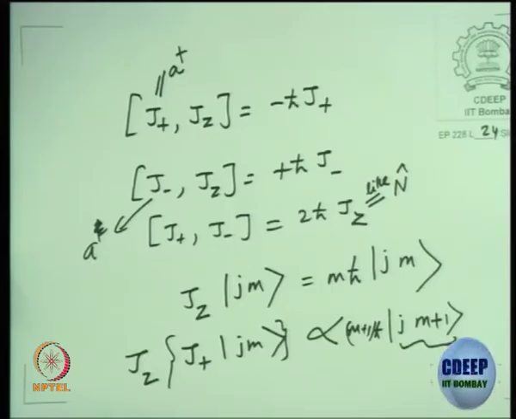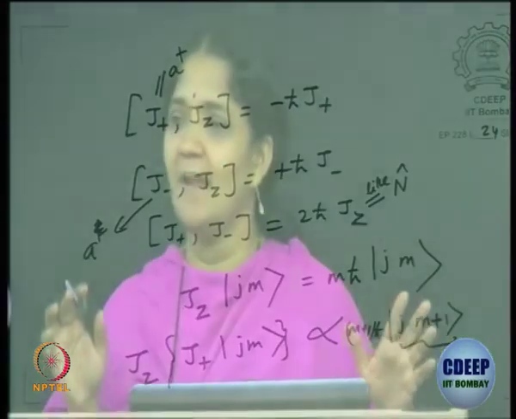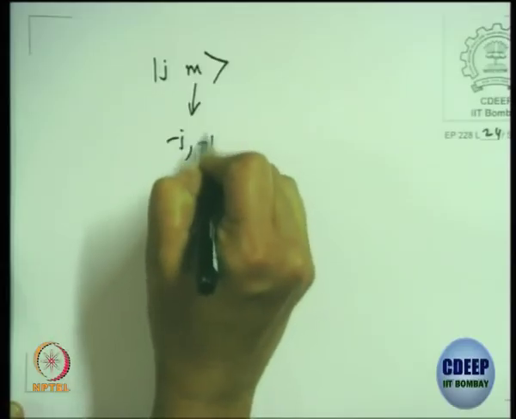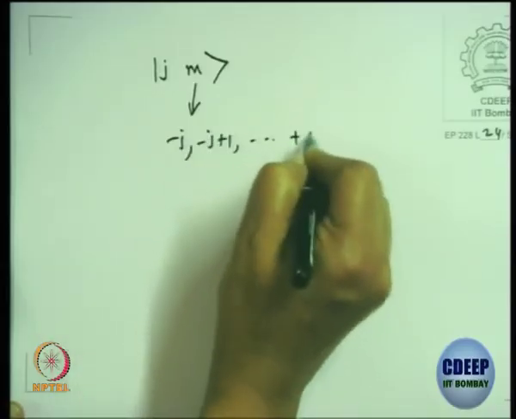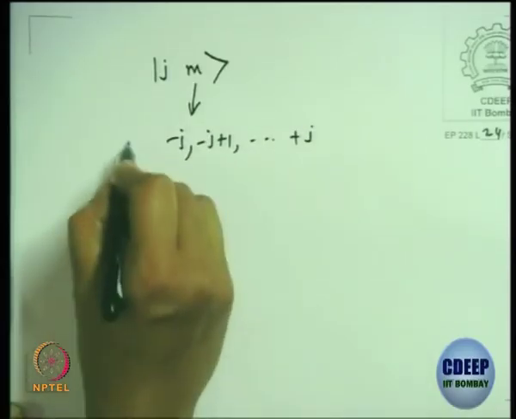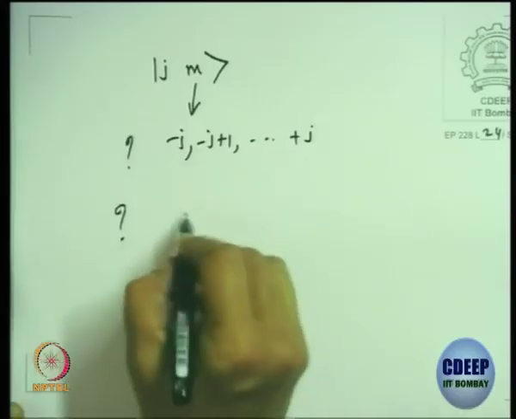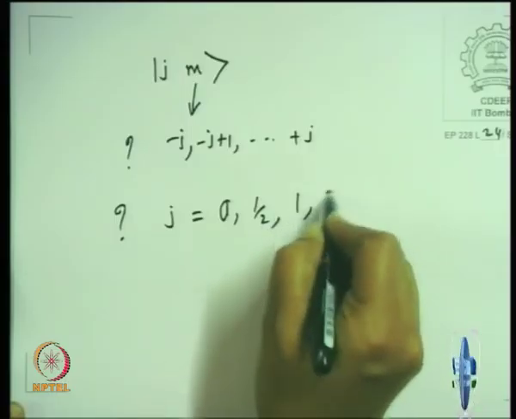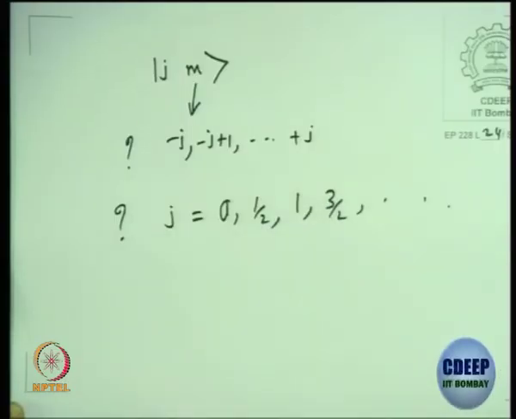I'm just using hydrogen atom data. But we will now do it explicitly to figure out all this information. I need to figure out that m goes from minus j till plus j. You also have to figure out whether j could be 0, half, 1, 3 by 2. These are the possibilities.